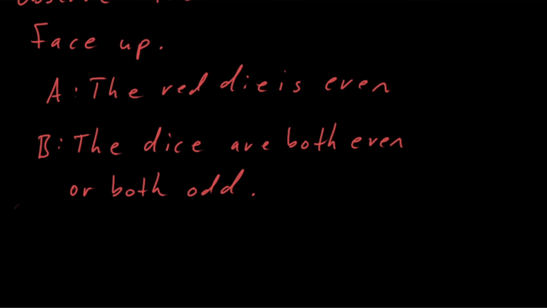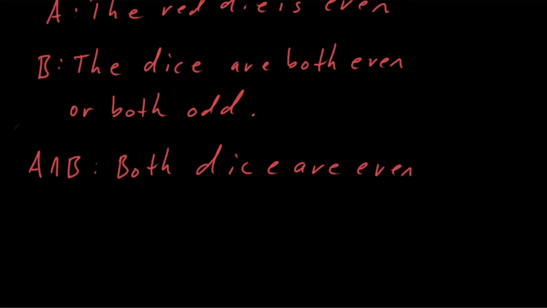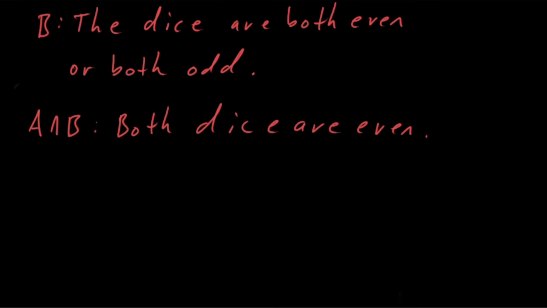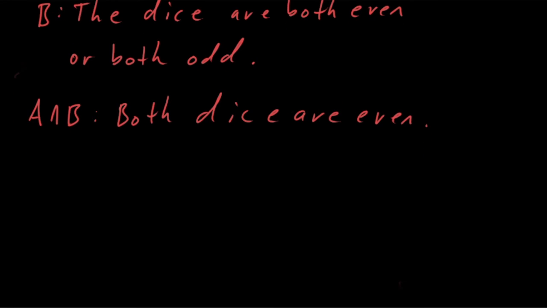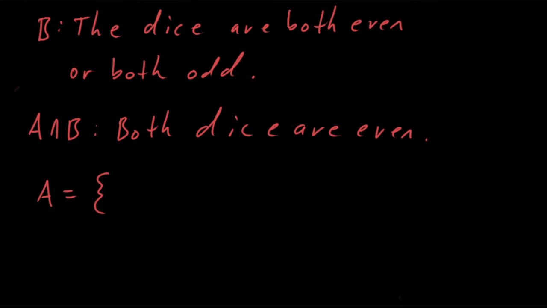Okay, so let's figure out what A intersection B would be then. A intersection B would be both dice are even, right? So now, what would A be? A would be equal to, let's see, the red die is even.